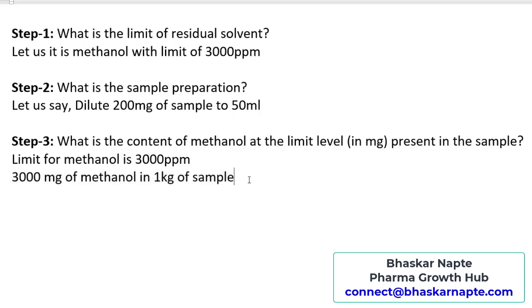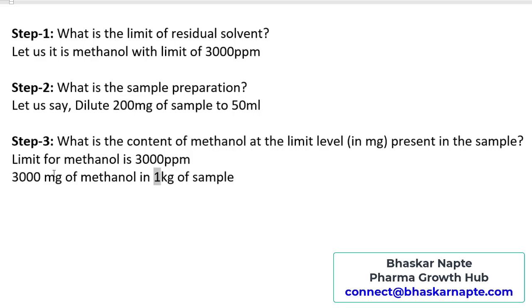I hope you are with me so far. Now, what is the content of methanol at the limit level? The limit level is 3000 milligram of methanol present in 1 kg of the sample. Now, as my sample measurement is in milligram, I need to convert this 1 kg into milligram.